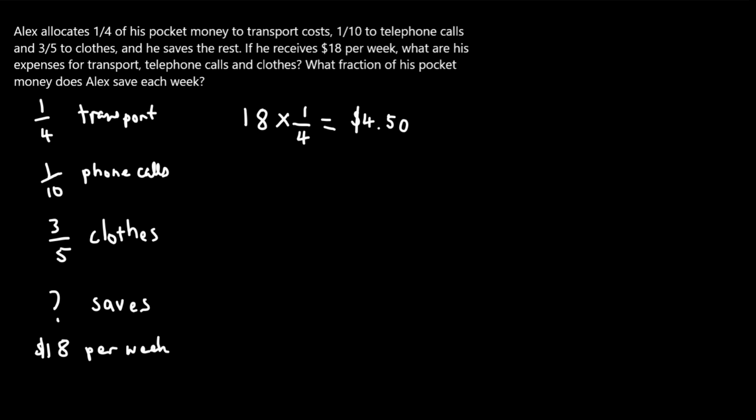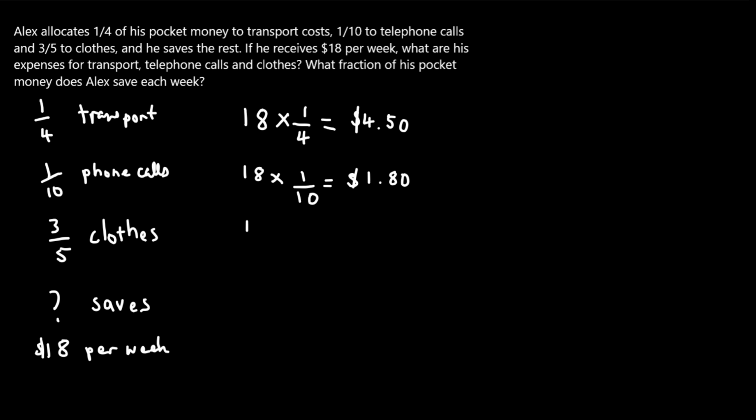And we'll do the same for phone calls. So 18 times 1/10. Again, you can grab your calculators, or if you want to challenge yourself, you can try and work it out in your head. But this will just be $1.80.